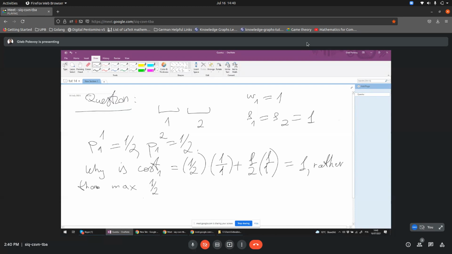I can tell that half of the task basically runs on one machine, the other half runs on another machine. So it can be like half divided by 1, not plus, excuse me, the maximum between them. Why is it not the maximum, which is of course half? So that was your question pretty much, right?